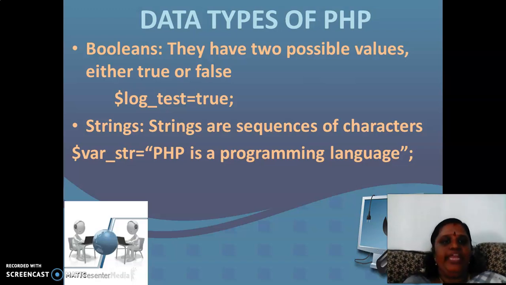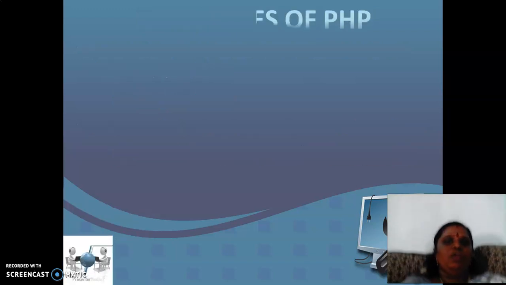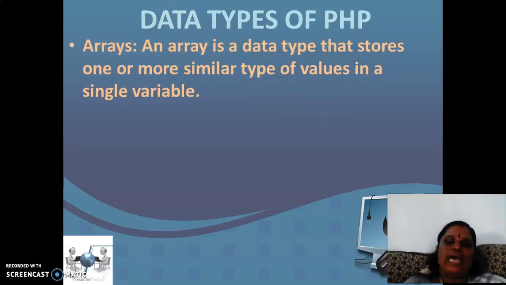Okay. Any doubt in this Boolean and string? The next data type we are going to see is array. An array is a data type that stores one or more similar type of values in a single variable. Got that? So instead of defining 10 variables for numbers, we can have one variable and all 10 numbers can be saved.